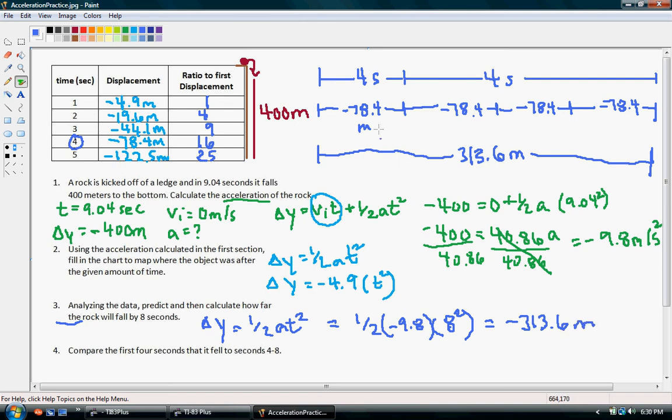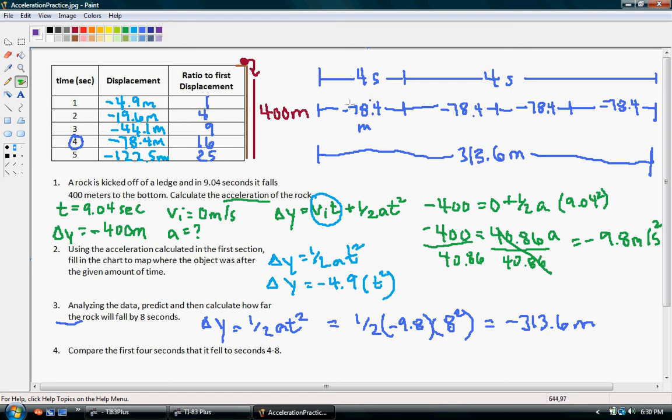Alright, so just to recap, compared to 4 seconds, by 8 seconds the rock had gone 4 times as far. It quadrupled. We doubled our time, but 1, 2, 3, 4, quadrupled our displacement. And number 4 asks us to compare the first 4 seconds that it fell to seconds 4 through 8.